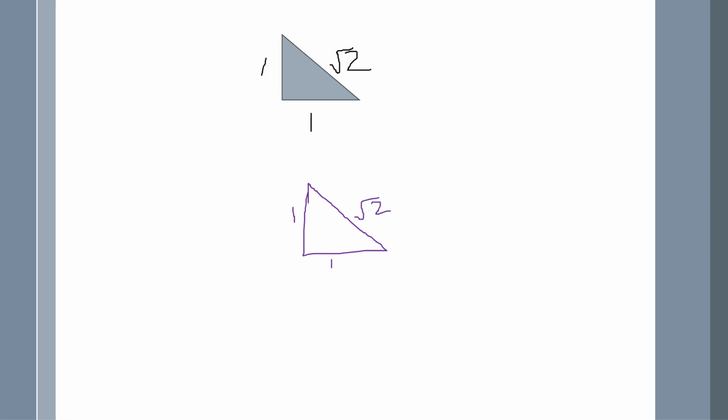So 1, 1, square root of 2, and that's for a 45-45-90 degree triangle. And if you need that, I will post an additional video of that too.